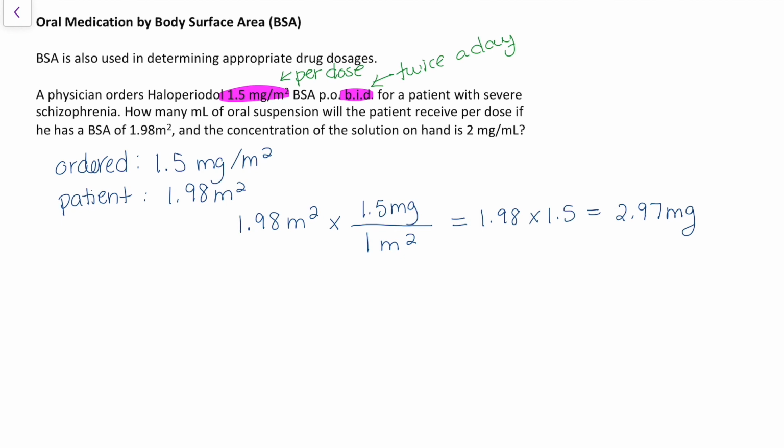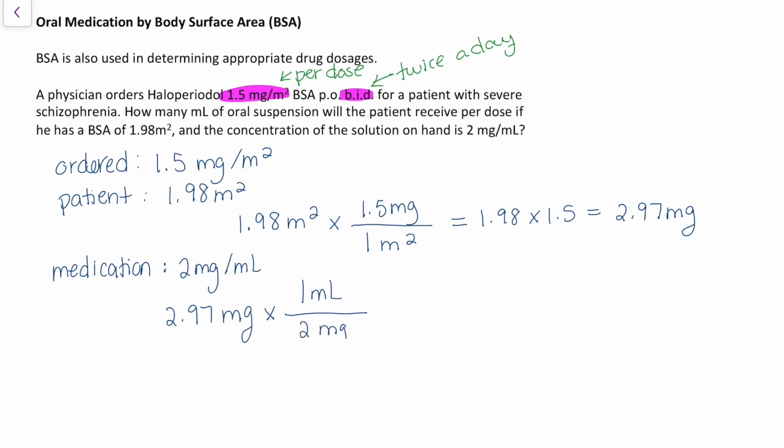Now, the concentration on hand, so the medication that we have, is 2 milligrams per milliliter. So I can use that in order to convert from milligrams to milliliters. So I'm going to use my 2.97 milligrams, and it's 1 milliliter for 2 milligrams.